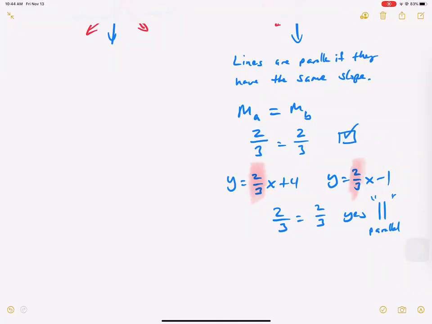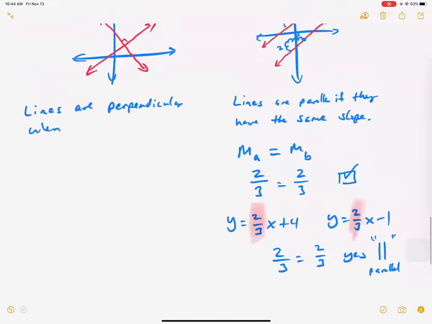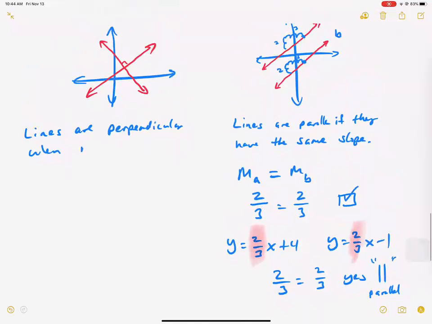What about perpendicular lines? Lines are perpendicular when, so if we have m equals a over b, just pick any number, a over b, we have a special formula to give you a perpendicular slope.